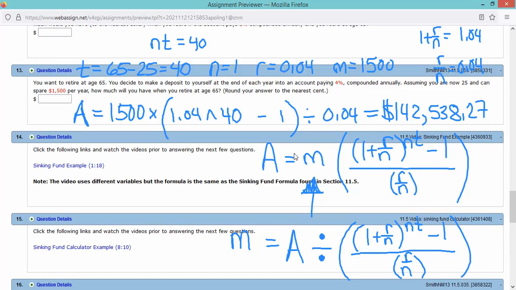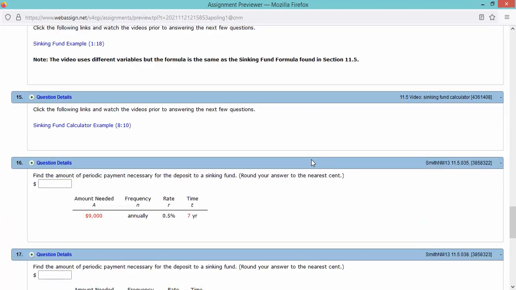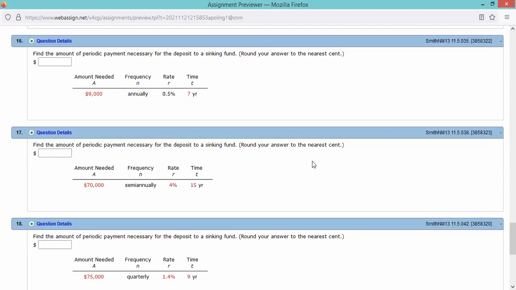So that is rewritten for you in your book using what they call the sinking fund formula, on page 554. So in the sinking fund, we're looking for M, right?